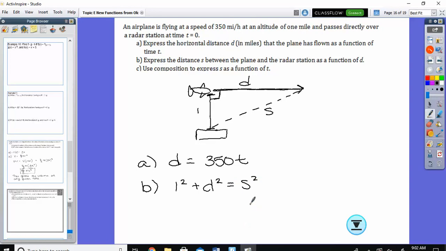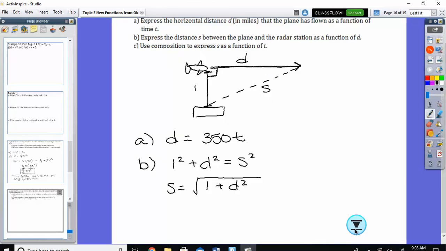So if you wanted to solve that for s, what would you do? You want to get s by itself? Square root. Get rid of a square, you add a square root. Normally we do plus and minus, but can you have a negative? No. So 1 squared is 1 plus d squared. So s is just the square root of 1 plus d squared.